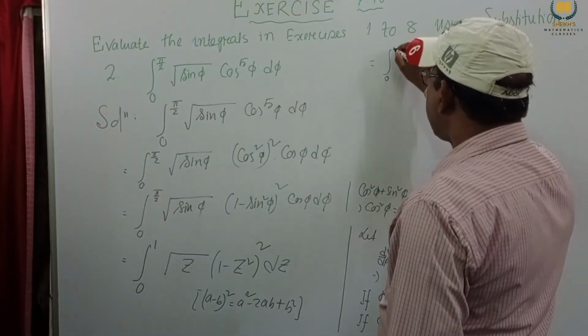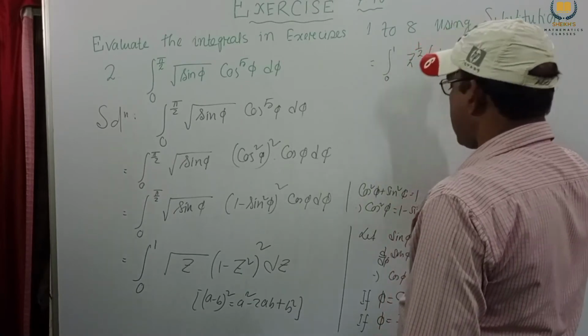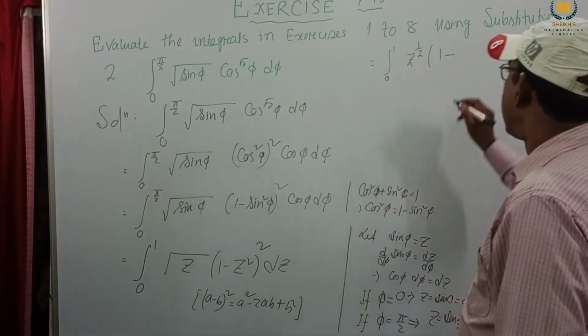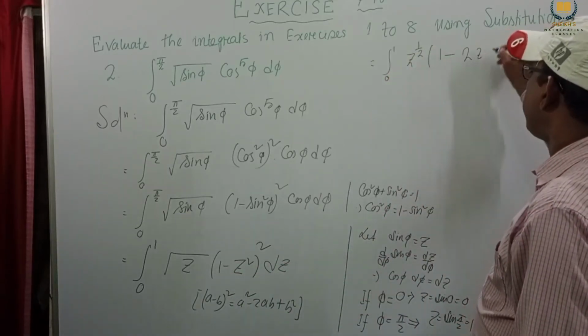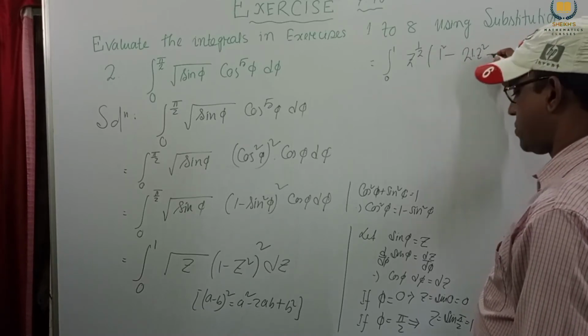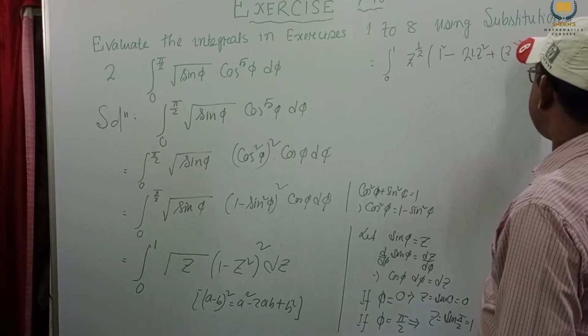0 to 1, and root z means z to the power half. This is 1 square, minus 2ab, that means 2 into 1 into z square, plus z square whole square dz.